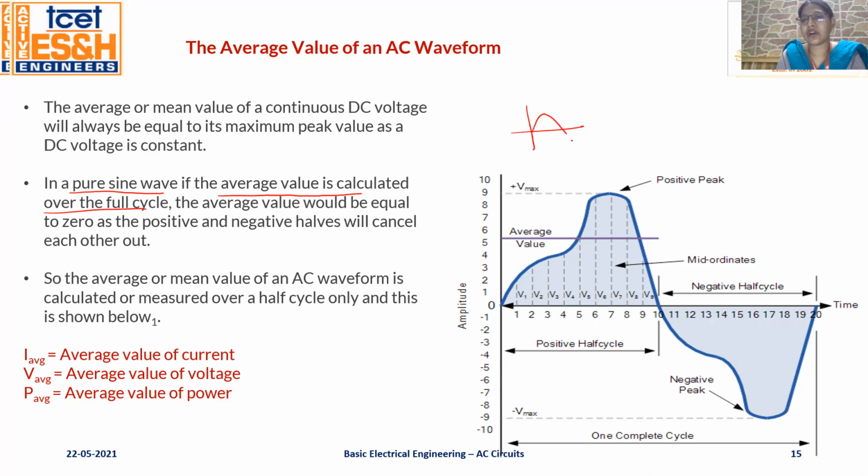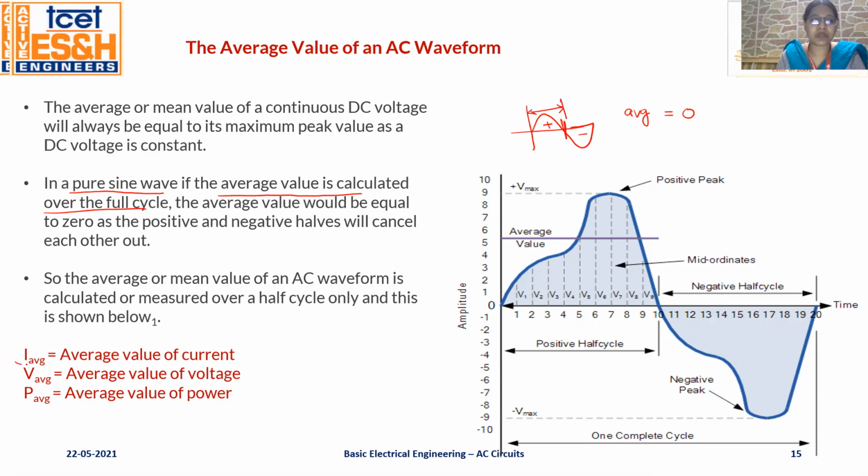If you calculate the average value for a pure sine wave, then the plus and the negative cancel, so the average value is 0. So for a pure sine wave, you have to take only the half cycle, and you will take this half cycle average value for our further calculations.